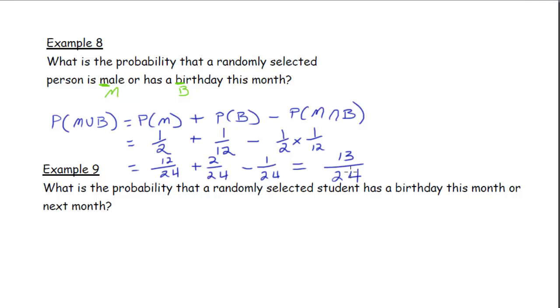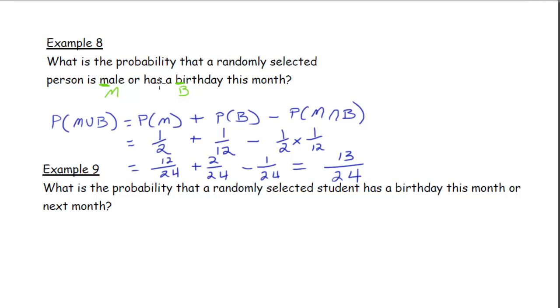So next we're going to say, well, what's the probability that a randomly selected student has a birthday this month or next month? Well, the first question I want to ask is, does this overlap? Well, I don't think it's possible to have a birthday both this month and next month. So these are mutually exclusive. So this goes back to what we started with.